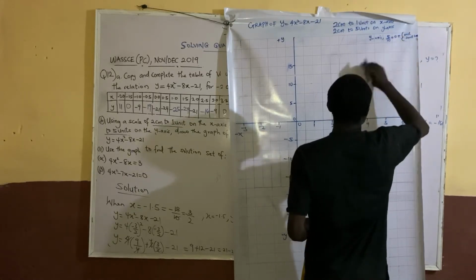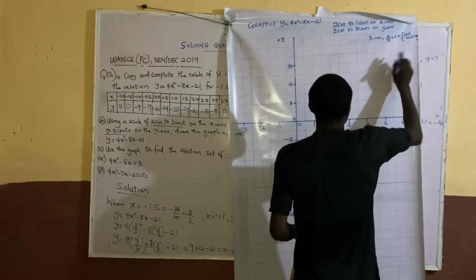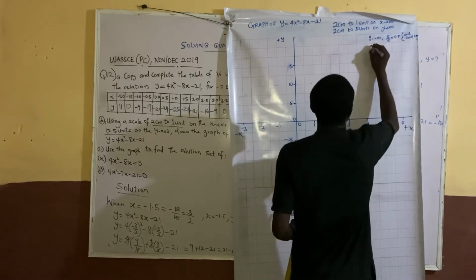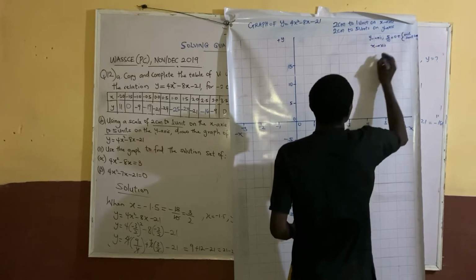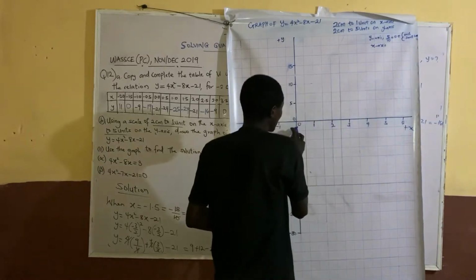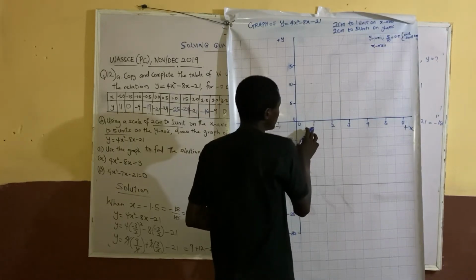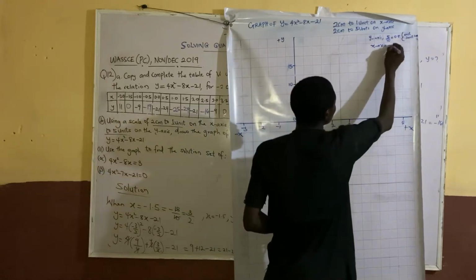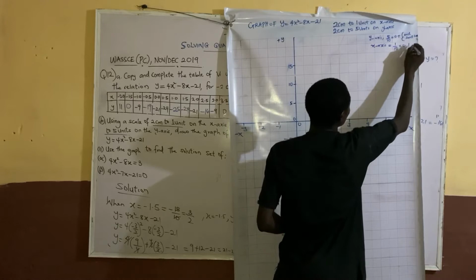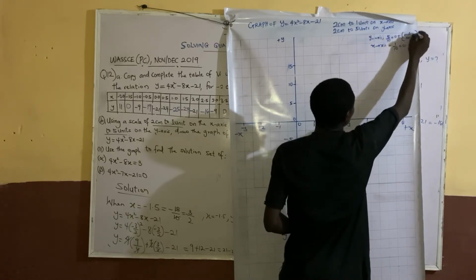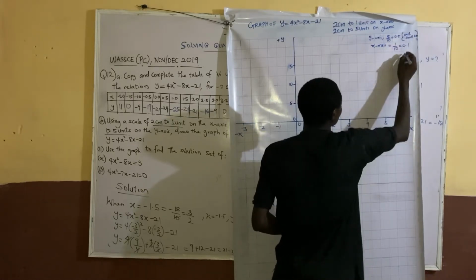You don't need to indicate this; the examiner doesn't want to know that. For the x-axis, from here to here is 1, so it means 1 divided by 10, we have 0.1 for each small box.